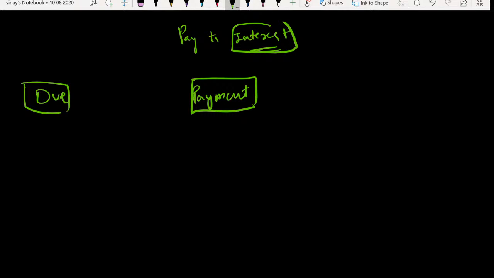Then I also sacrifice my future right to someone. I will write interest accrued. So I have two aspects: one is interest, the second one is interest accrued, instead of writing the person's name, because you might be paying interest to several people or several banks.